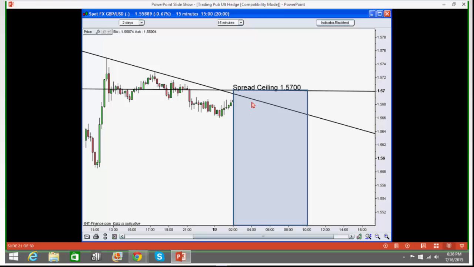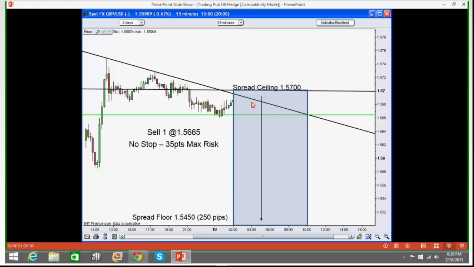I showed you an example a minute ago of doing 10 of these. Everybody understand it, right? But if I sold a spread and I just sold one spread, this is not an example of 10, this is one. If I sold it right here, going short, I've only got $35 of risk to the ceiling.